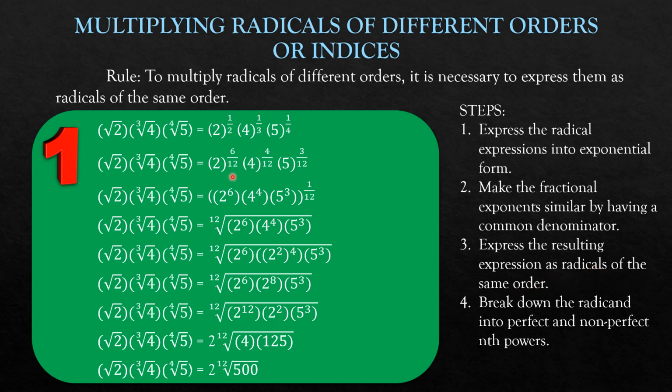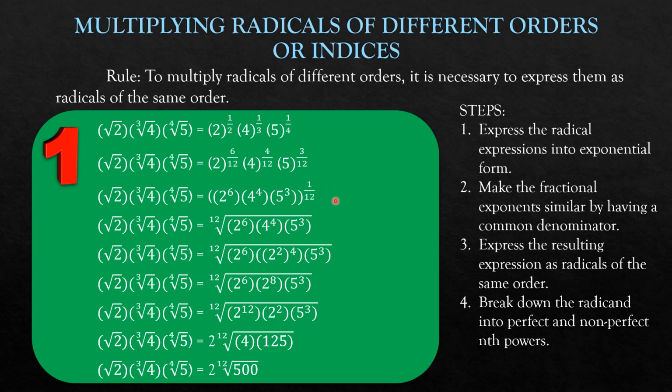Ngayon, kapag nagawa nyo ng pare-pareho yung denominator ng fractional exponents, okay, ito po siya, nilabas ko lang. So, ano yung ginawa ko? Si 2 raised to 6, ayan po siya. And then 4 raised to 4, ayan po. Then 5 raised to 3, ayan po. And then quantity raised to 1 over 12.